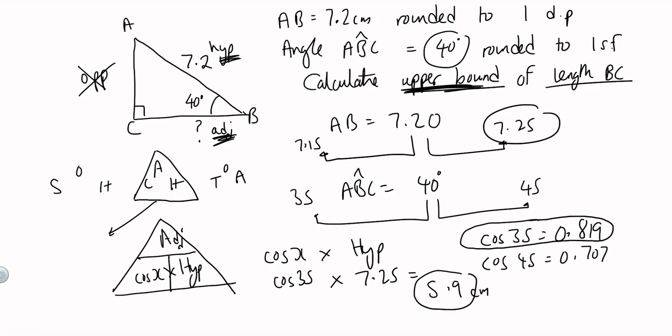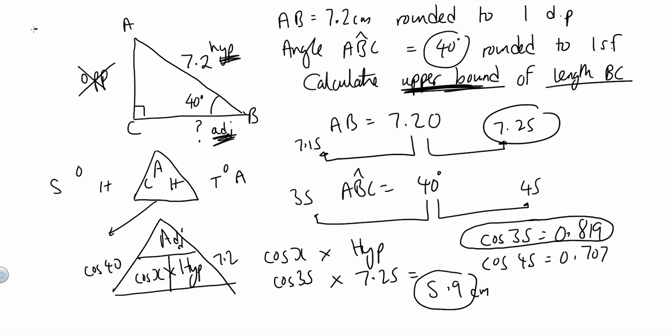Right, here's a mistake some people make. They don't bother finding the upper bound or lower bounds for the numbers in the question. They just go straight for the calculation. For example, they'll put 7.2 there, and then they'll do cos 40, so cos 40 multiplied by 7.2.